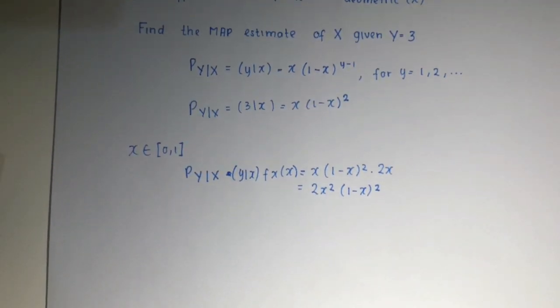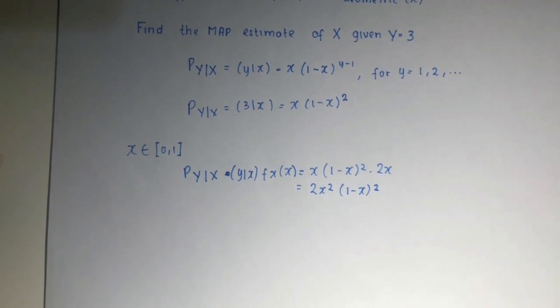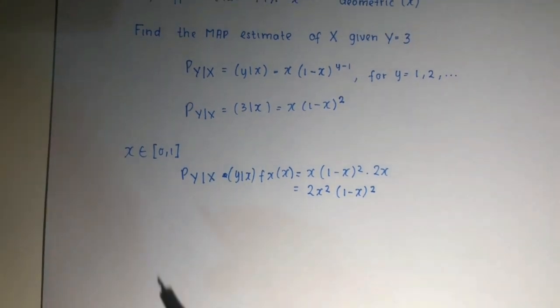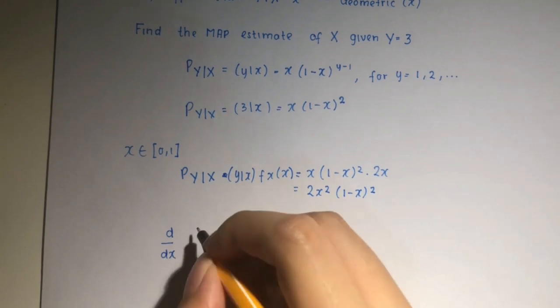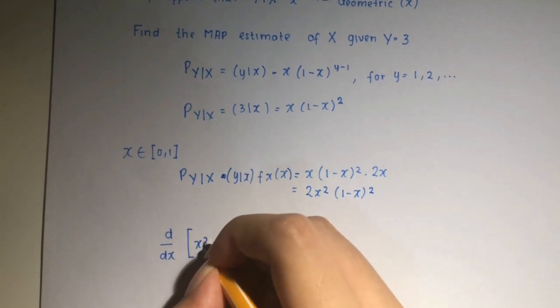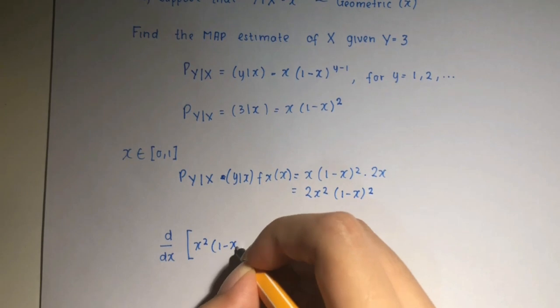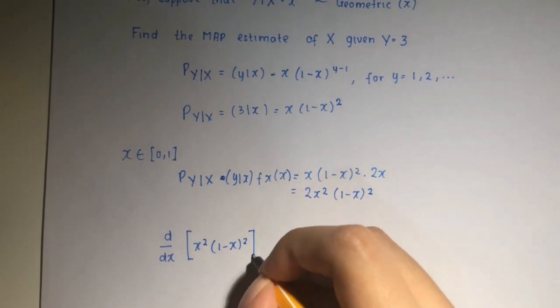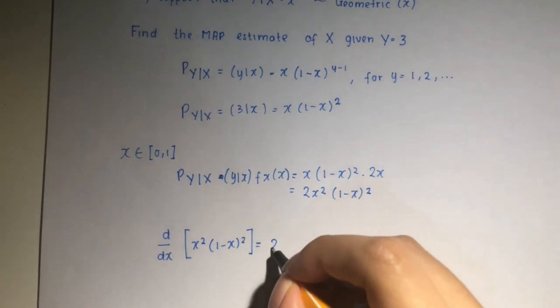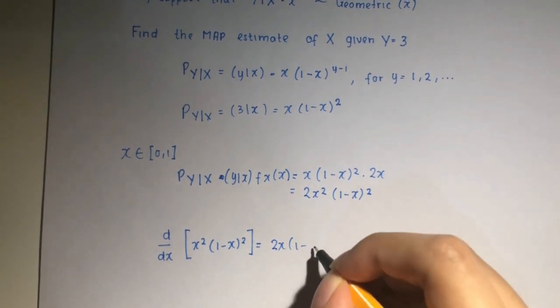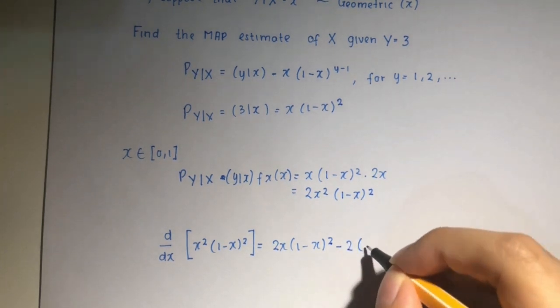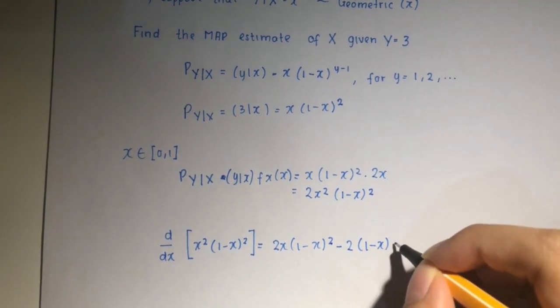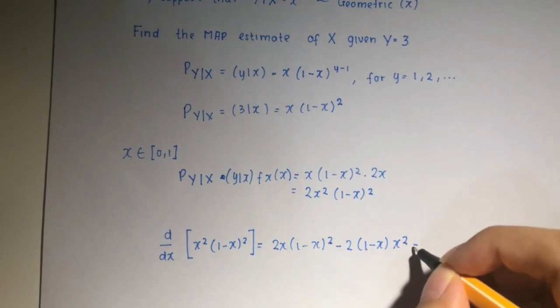Next, we can find the maximizing value through differentiation. From that, we obtain the equation d over dx of x squared times 1 minus x squared equals 2x times 1 minus x squared minus 2 times open bracket 1 minus x times x squared equals 0.